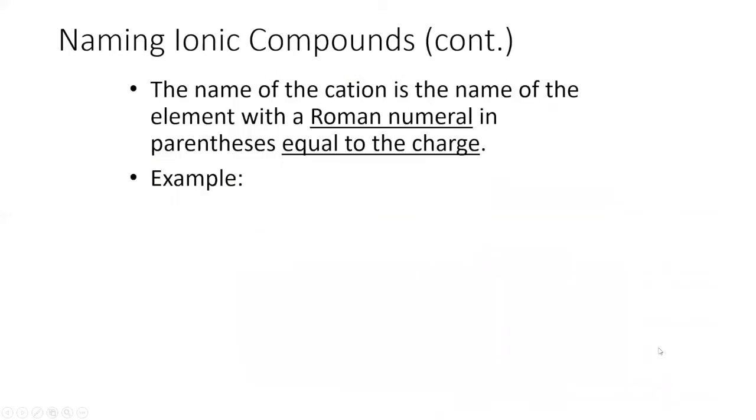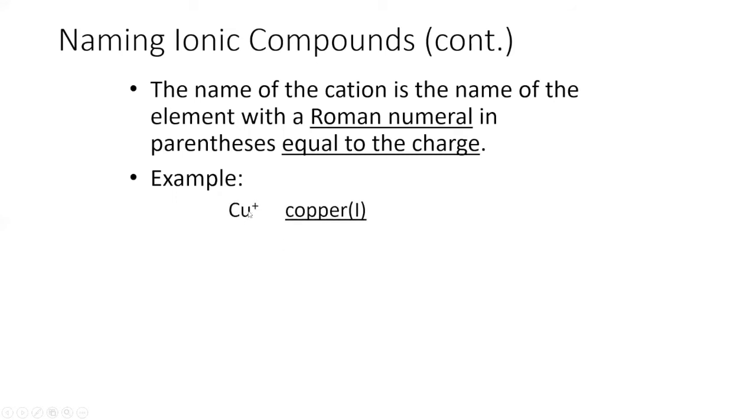So here they are. We employ Roman numerals in parentheses to indicate the charge on that cation. So the name of the cation is the name of the element with a Roman numeral in parentheses equal to that charge. Once again, let's do some examples.